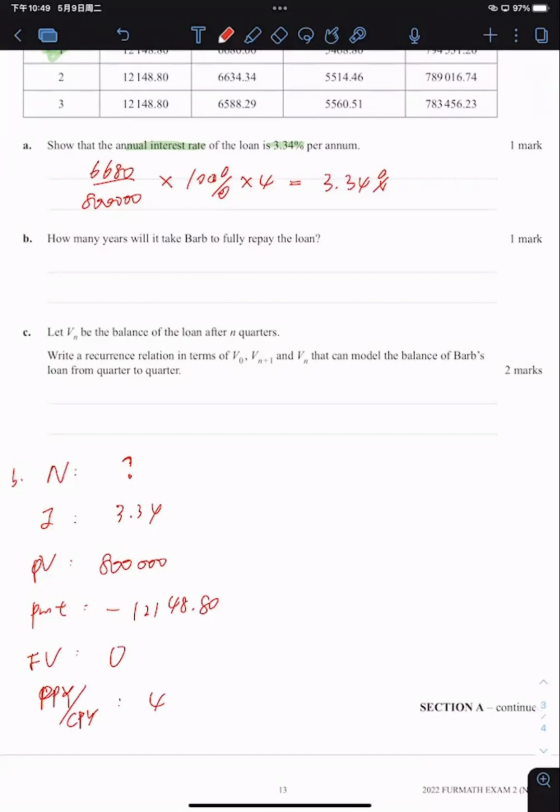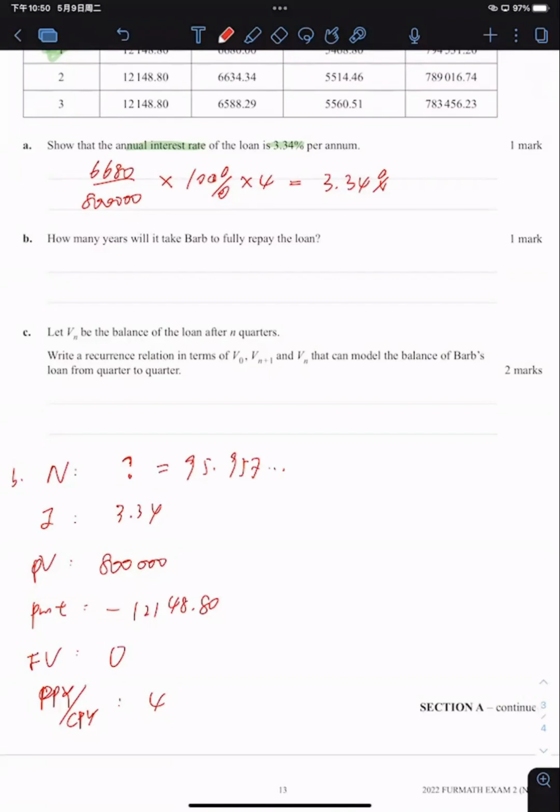Then just put your cursor on N and click enter. You will see N shown as 95.957 and so on. That means if you pay 95 times, you still owe some money to the bank, but that is not enough to make a full payment like $12,000.